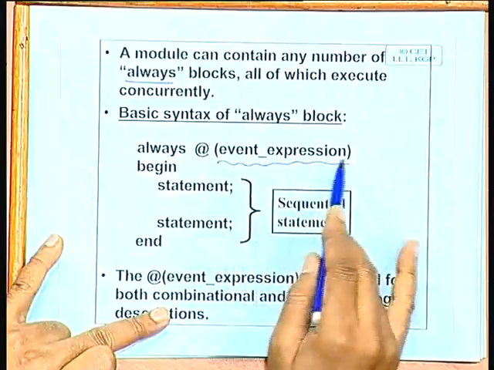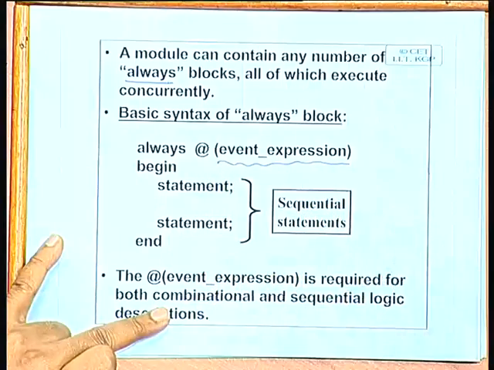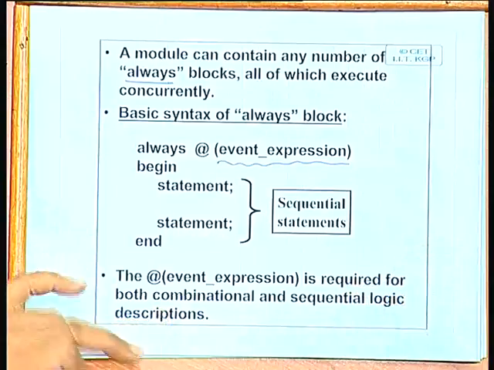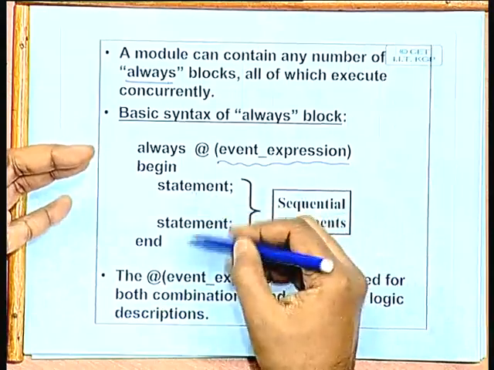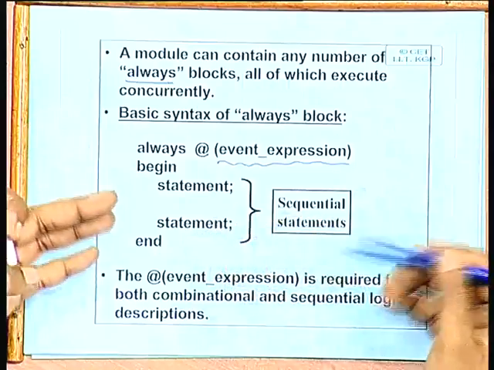For combinational logic, you can say some combination of variables, always at A or B or C. If either A or B or C changes its value, you want to evaluate this block. But whether it will be synthesized into combinational or sequential depends on a number of other factors we will see shortly. So, this is the syntax of the always statement.